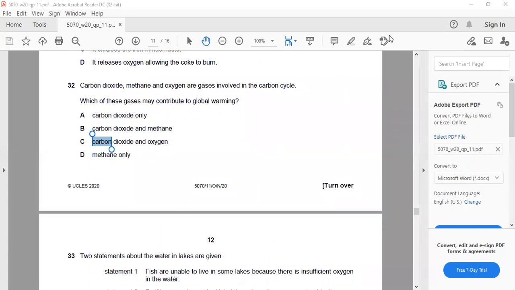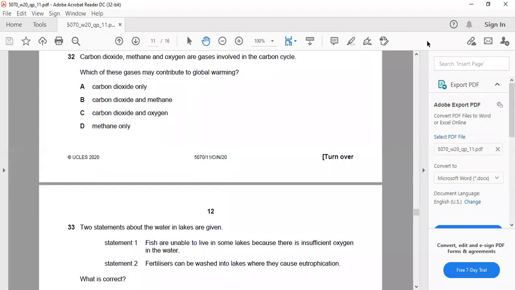The next question is about pollution, air and water. Question 32 is quite easy.